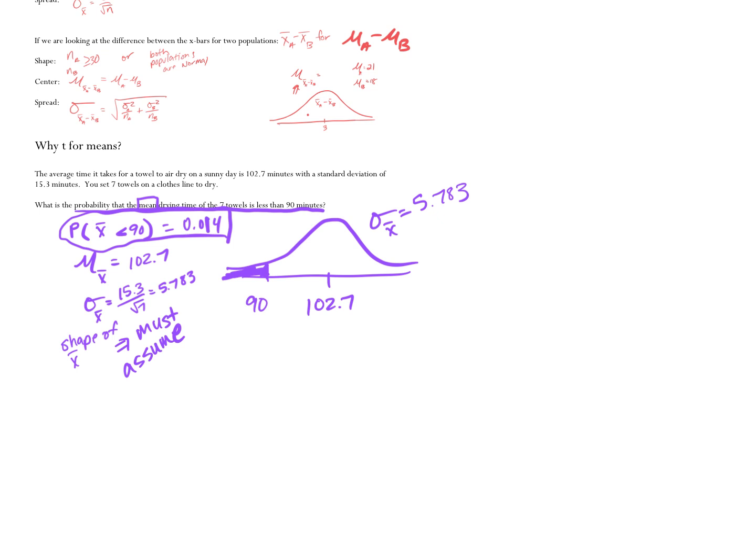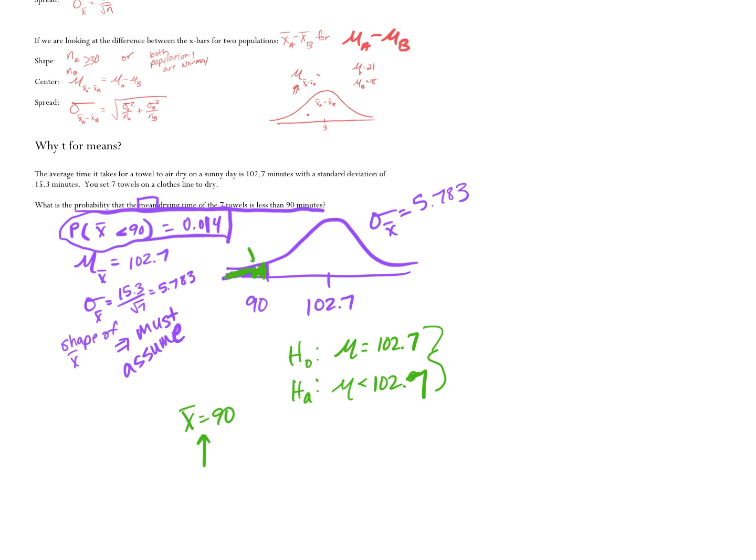Now, let's say instead I gave you something kind of like this. Let's say I gave you these hypotheses for a significance test with this as my mean, assuming conditions are met.